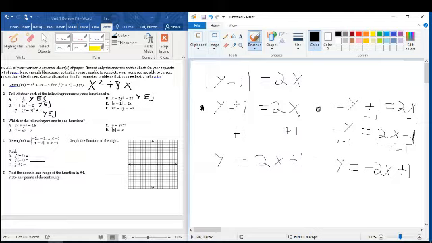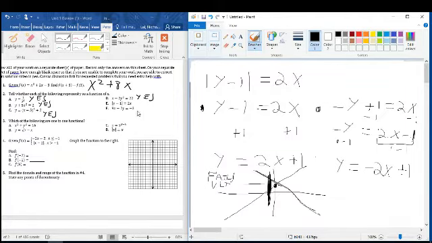What's that going to look like on a graph? On a graph, you're going to have 2x plus 1 and negative 2x plus 1. So you'll have a line with a positive slope and a line with a negative slope. And it's not going to be y as a function of x because that fails the vertical line test. So this is going to be no.